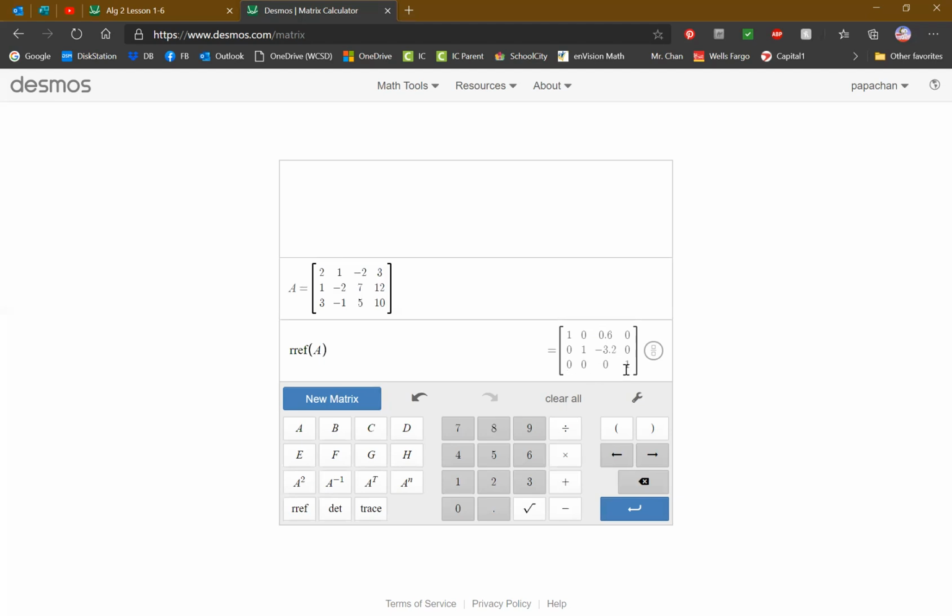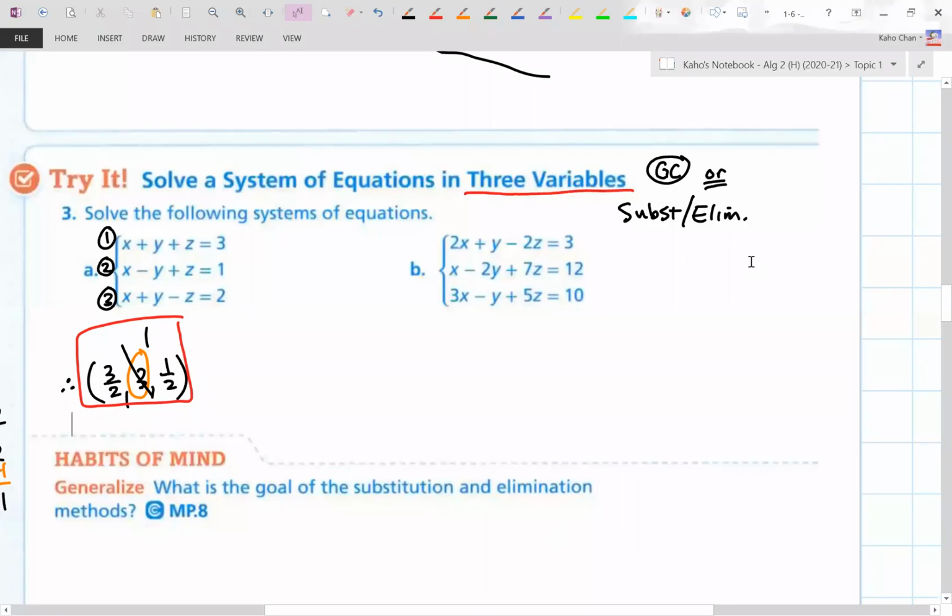We have 0, 0, 0. That means all the variables disappear. That means, in this particular case, there is no solution. So that happens once in a while. Under a graphing calculator, in this case Desmos' matrix calculator, the calculator gives us an error, which means there is no solution.